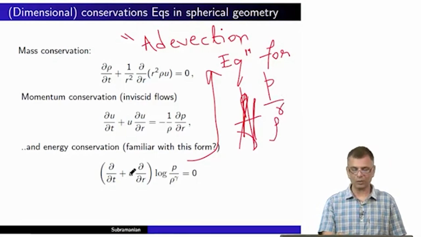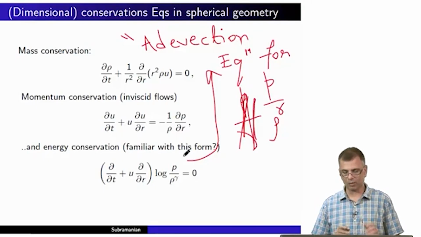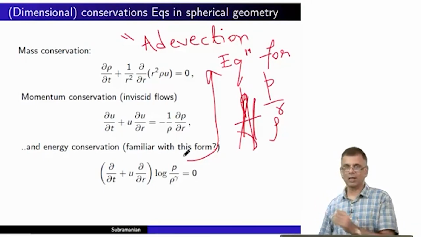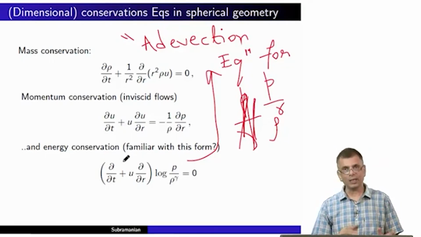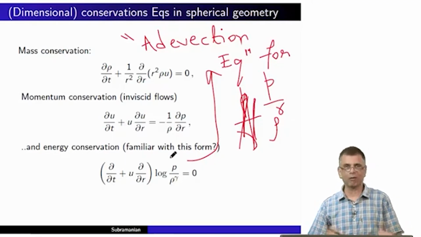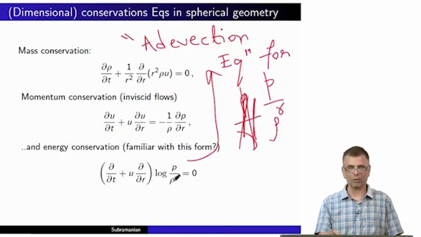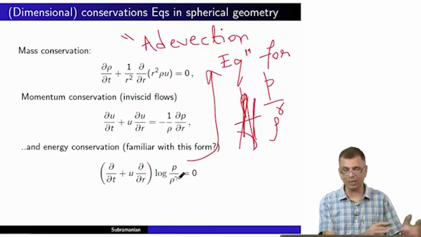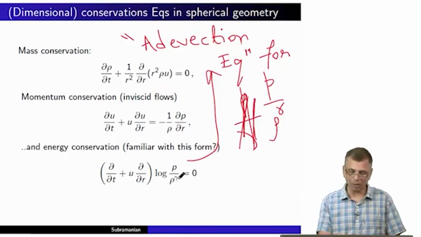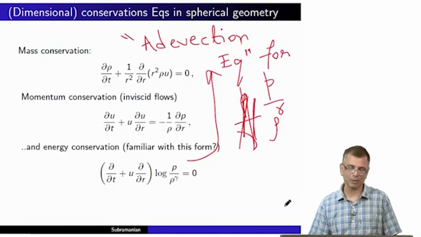You see d over dt plus u d over dr. So this quantity, log p over rho raised to gamma, is being advected along with velocity u, and that's the whole point, isn't it? Especially if you think about a polytropic kind of gas where P equals K times rho raised to gamma, log of P over rho to the gamma is just that K, and the K doesn't change. That's essentially what the whole adiabatic assumption is. The energy does not change. The energy is simply advected along with the shock with the speed u. That's what the energy conservation equation is telling you.